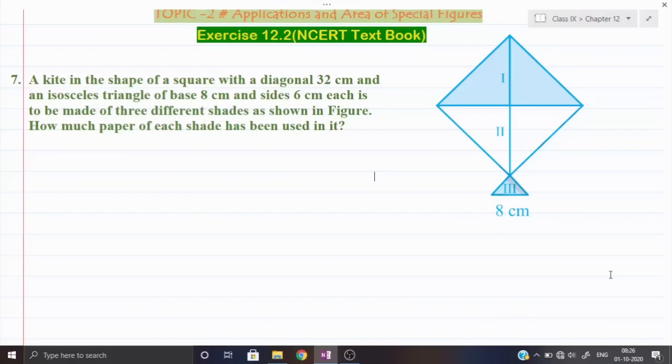In the 7th question it is given that a kite is in the shape of a square with diagonal 32 centimeter.